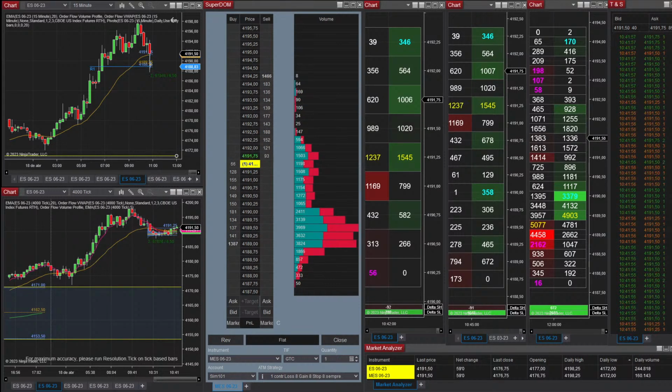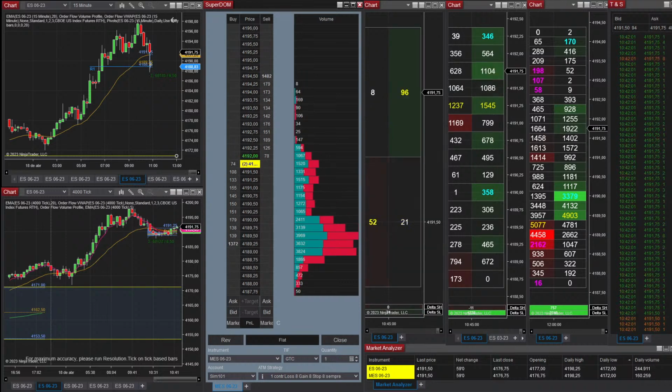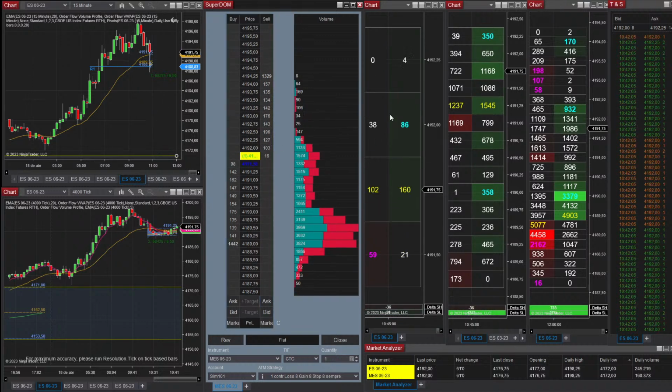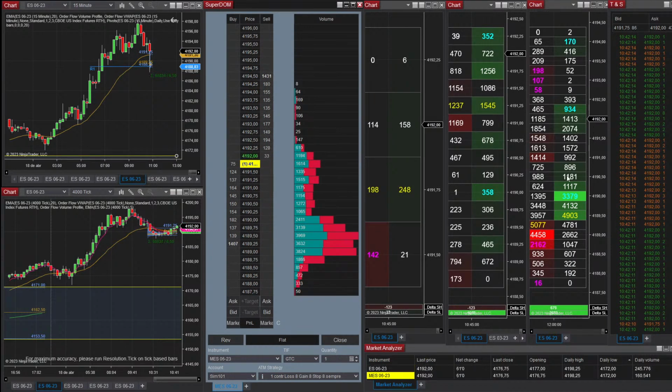Let's see what's going on. You see, we have this region where prices kept struggling. We overcame it, but 2 points above, it started struggling again.